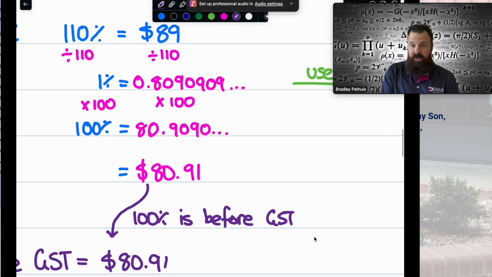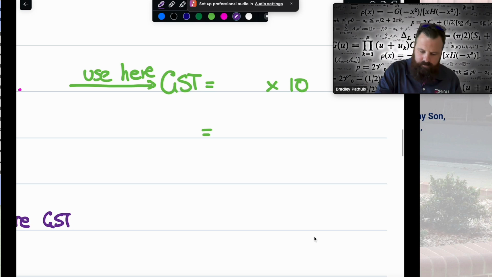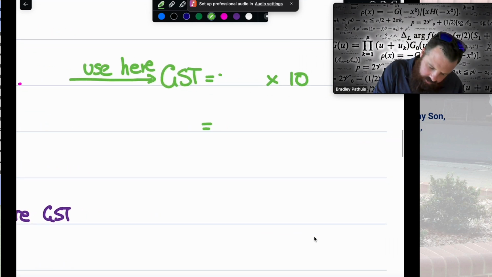Now, how much GST was added was the second part of that question. So I'm going to use that 1%, because I can make 1 into any number. I'm going to make it into 10%. So I'm going to use that number, 0.80909 and so on, times 10.